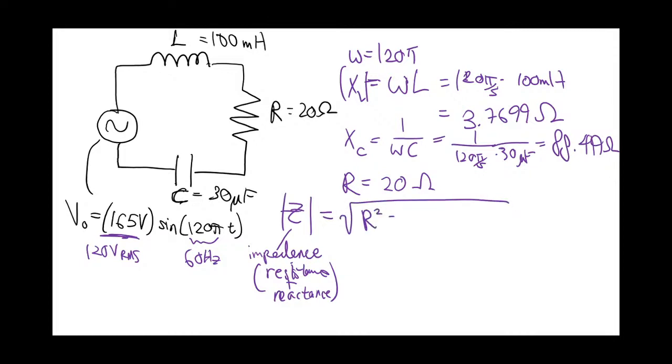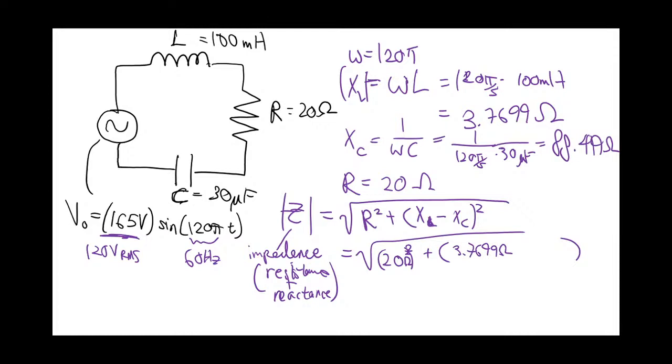So we have R squared plus, as I was saying before, XL minus XC squared. So that's 20 ohms all squared plus that all squared.